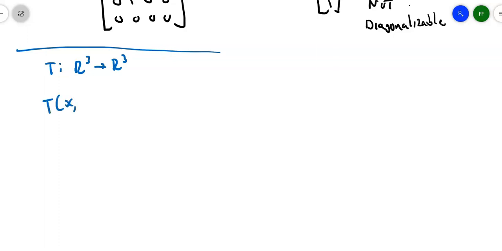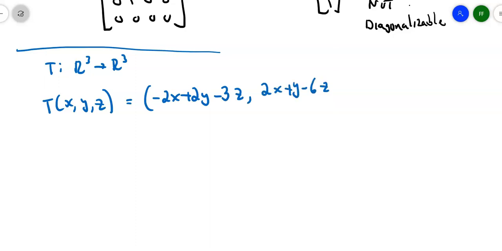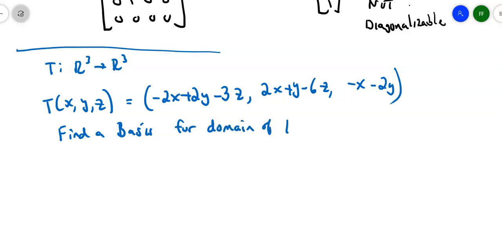The transformation maps x, y, z onto negative 2x plus 2y minus 3z, 2x plus y minus 6z, negative x minus 2y. And my goal is to find a basis for the domain of the linear transformation so the matrix for T relative to that basis is diagonal.